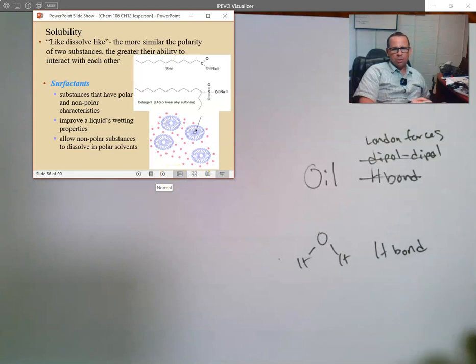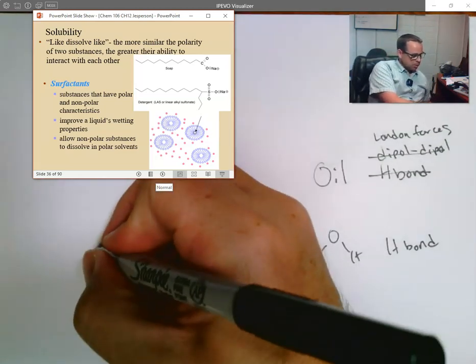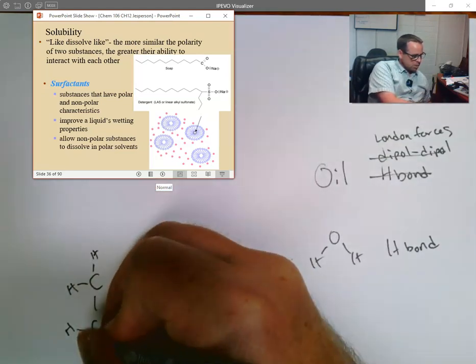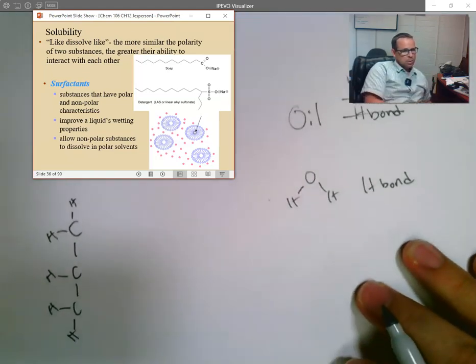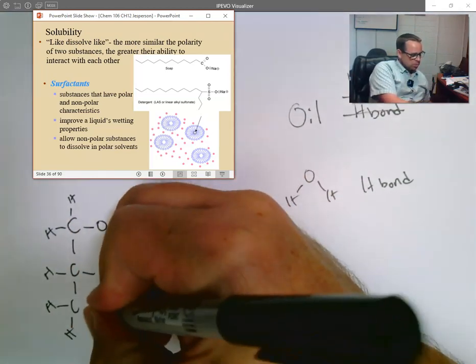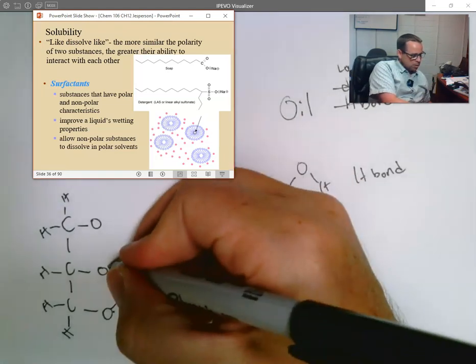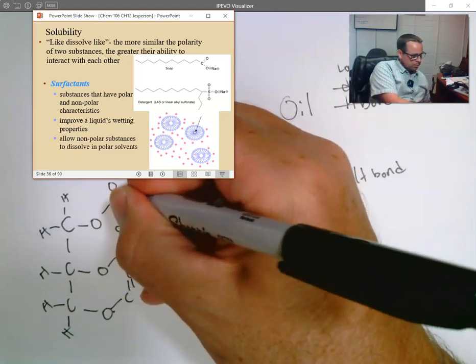Let me draw you a molecule of oil, okay? What we generally think of when we think of oils. This is what it looks like. You have a carbon bound to another carbon, bound to another carbon, 3 carbons. These carbons are bound to oxygens, and these oxygens are bound to carbons, and then double bound to another oxygen.